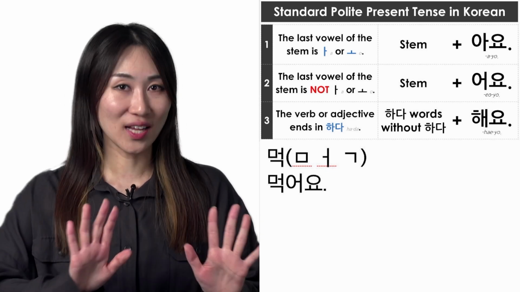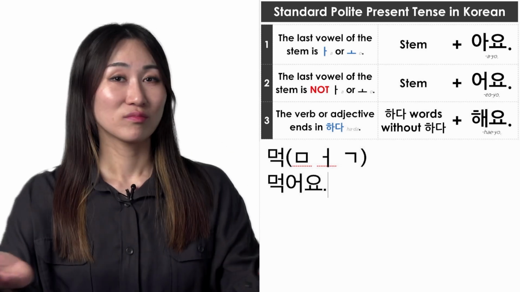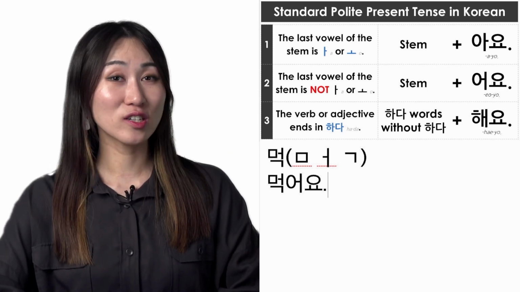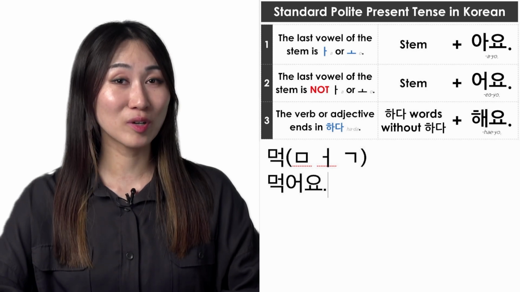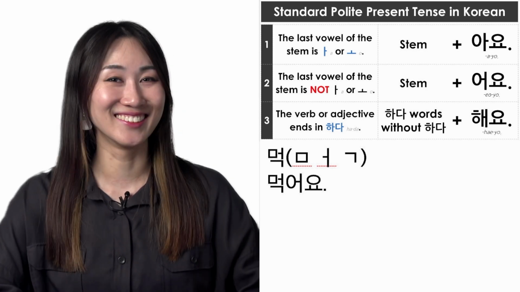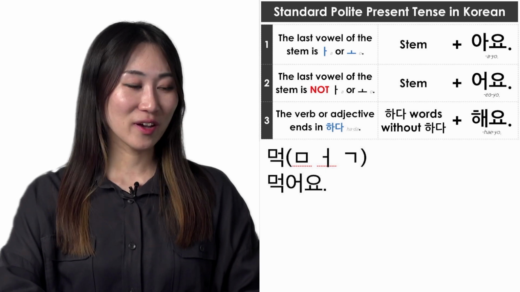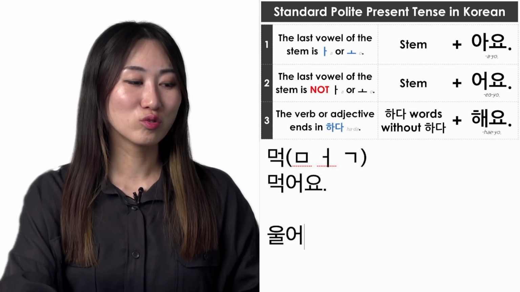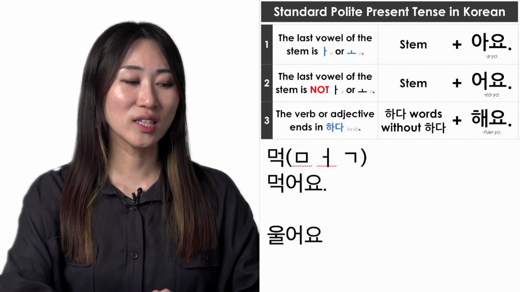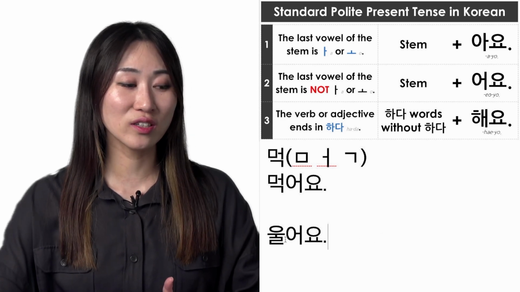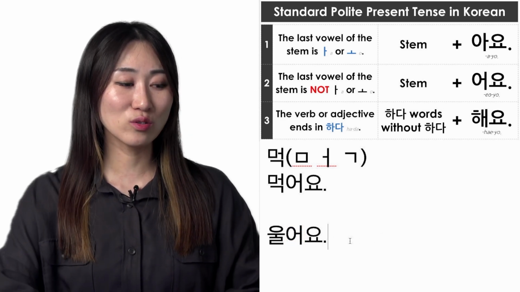This is polite, so you can use it. For example, I eat yogurt for my breakfast every day. How about this? 울어요. Why did I use 어요 here? Let's look at the stem.